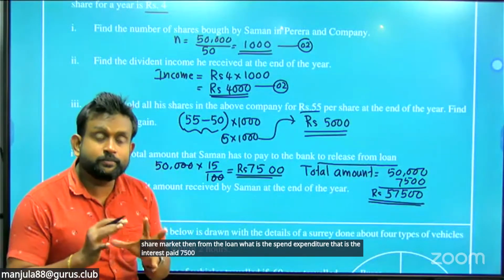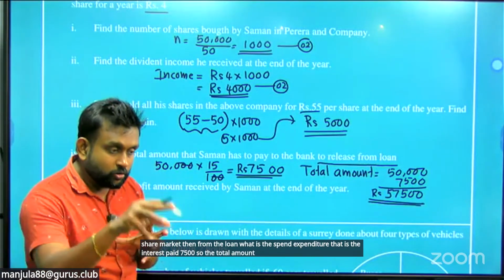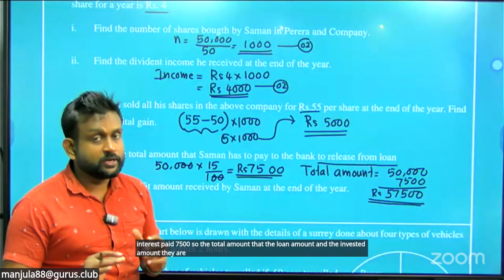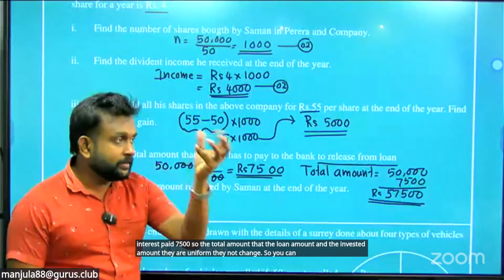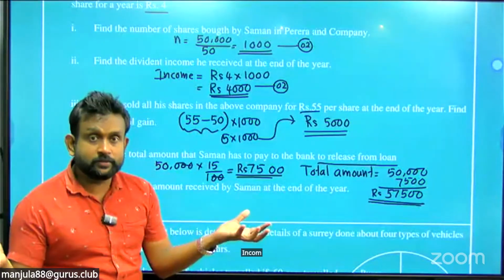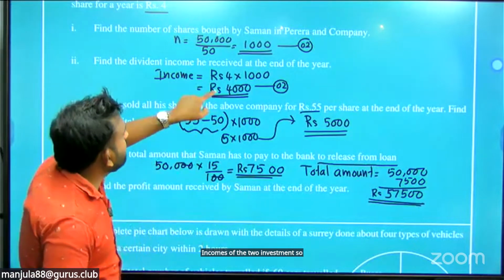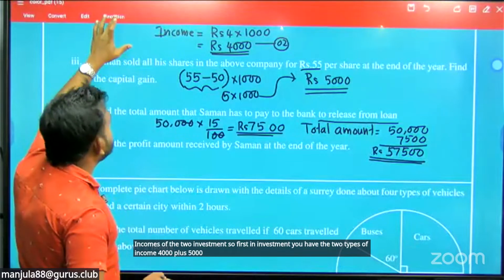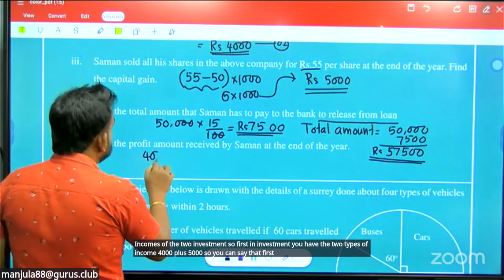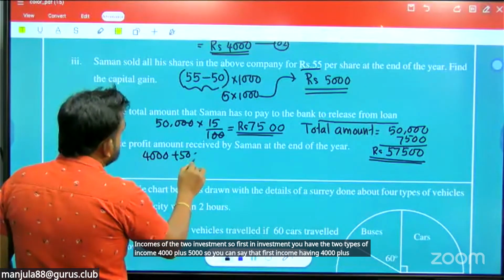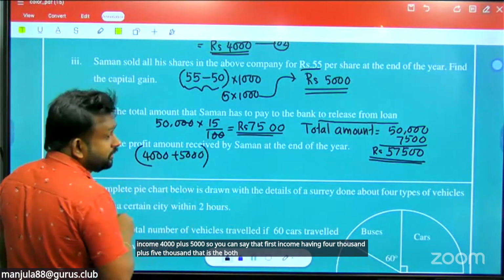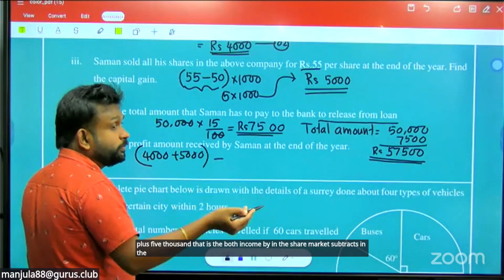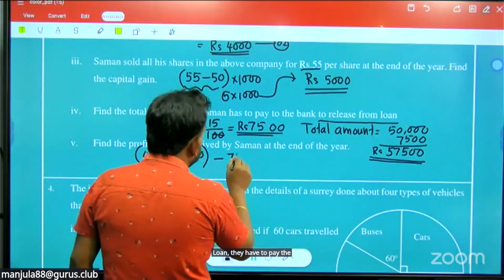So the loan amount and the invested amount are uniform. They do not change. So you can compare the incomes of the two investments. So in the first investment, you have the two types of income, 4,000 plus 5,000, that is both incomes in the share market, subtract the interest they have to pay on the loan, 7,500.